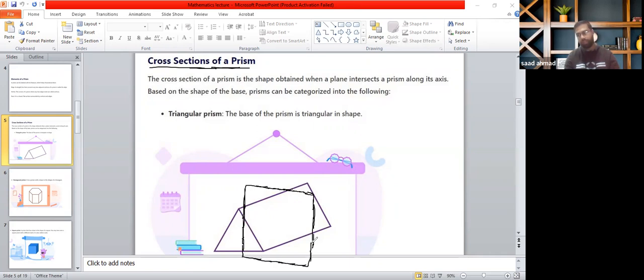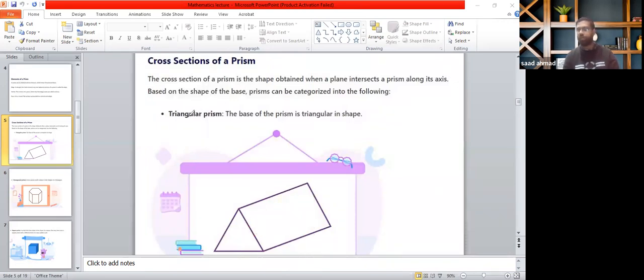When I cut this, the thing that it will cut out will be a triangle. It will be where this blade is cutting. So that triangle is the cross section. When we cut it out, this section that we have got here is the cross section.